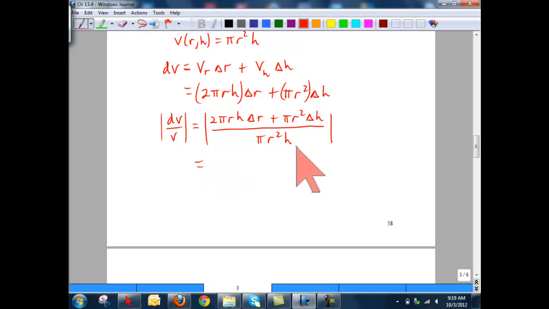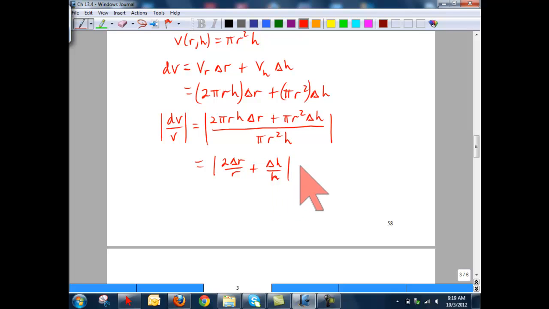And even though I don't know any numbers in the problem, I don't know r or h or delta r or delta h, notice that some cancellation here can occur. Let's put each term of the numerator separately over the denominator, and what we get for the first term is 2 delta r over r, and what we get for the second term is delta h over h.